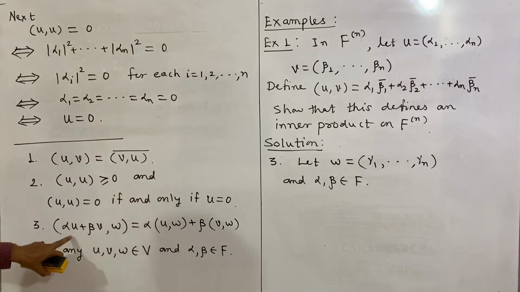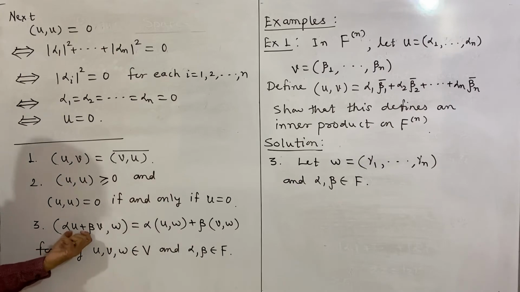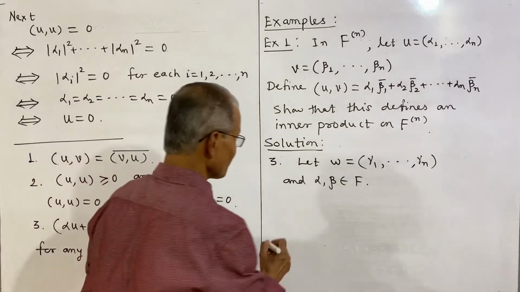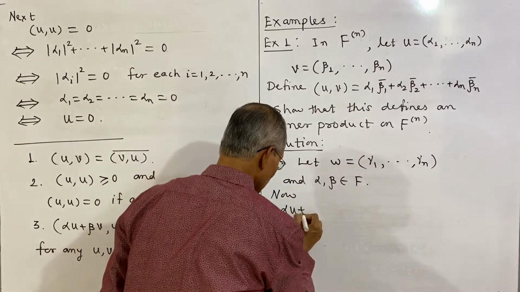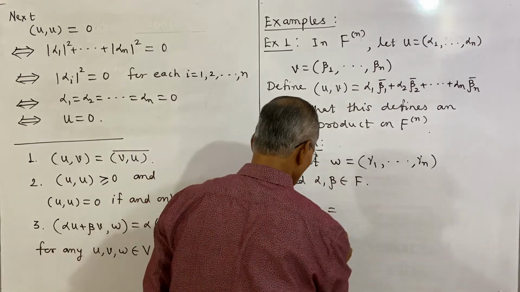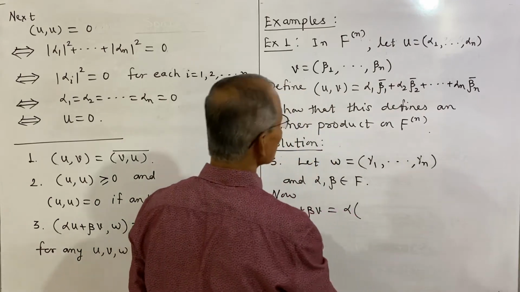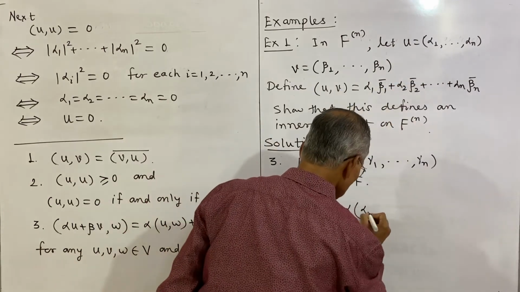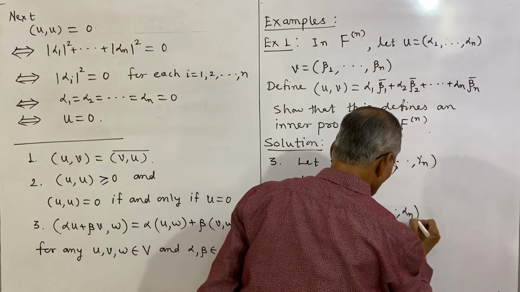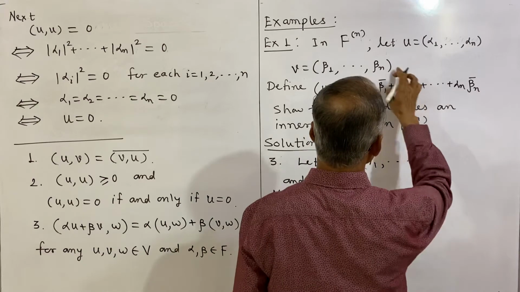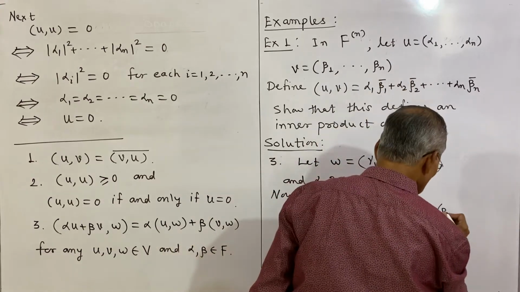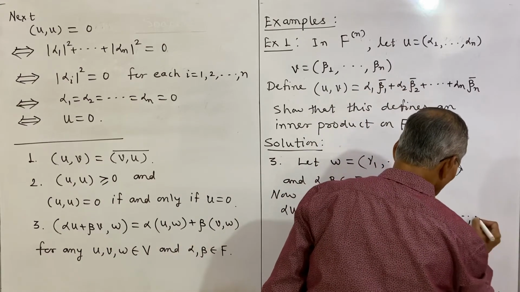Now we have to evaluate this product, and for that purpose we first obtain alpha u plus beta v. Now what is alpha u plus beta v? This is equal to alpha times u, where u has components alpha 1 up to alpha n, plus beta times v, where v has components beta 1 up to beta n.